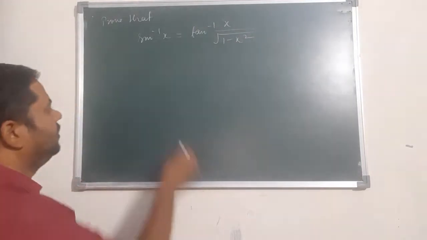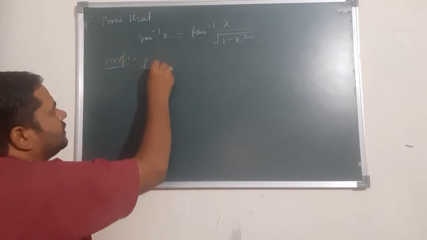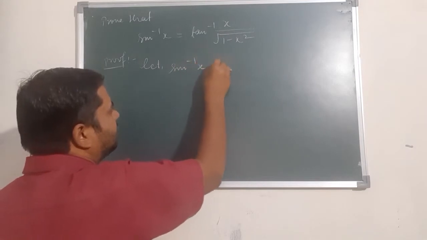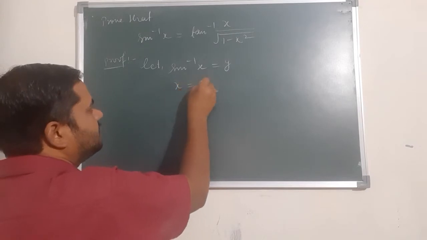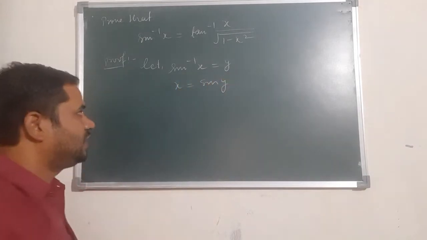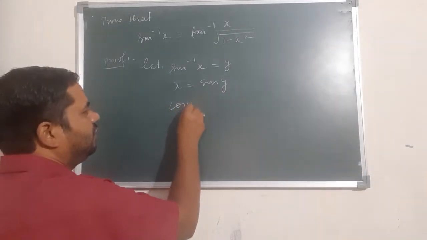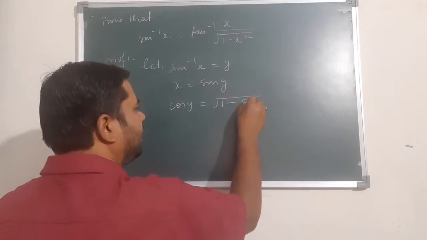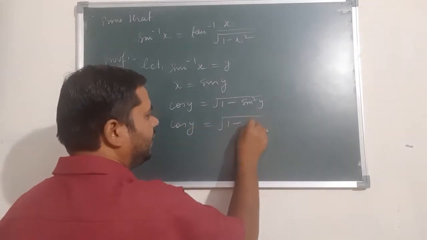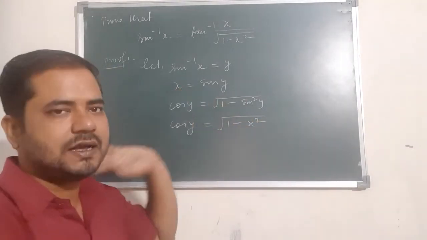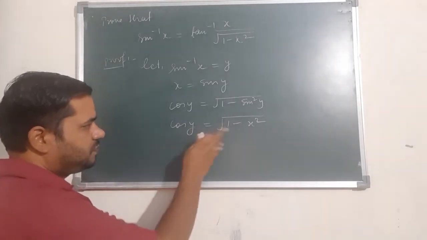Okay, so proof for this: let sine inverse x be y, so x is equal to sine y. Then for tan we need sine y as well as cos y. So what is the value of cos y? Cos y is nothing but root of 1 minus sine square y. So cos y is root of 1 minus x square, because sine y is x.